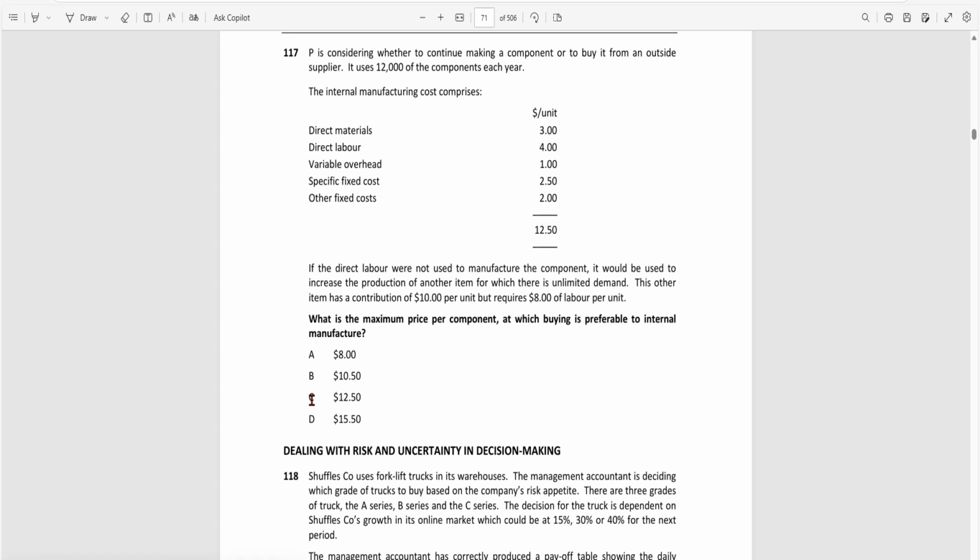So basically the question has provided the information that if we choose to produce the component each year, that is the 12,000 components, in that case the internal manufacturing cost per unit is 12.50. But if direct labor were not used to manufacture the component, it would be used to increase the production of another item, and that will generate a contribution of 10 per unit but require 8 of labor per unit.